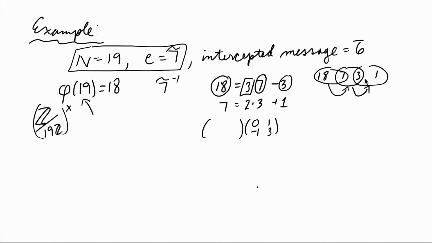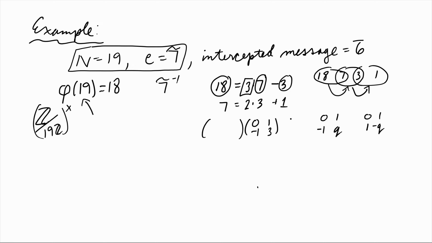For a negative remainder, it's always going to be the form 0, 1, negative 1, q. For a positive remainder, it's always going to be the form 0, 1, 1, negative q. So the difference is that this bottom row is just the negative of this one, and that's to offset to make things positive again.